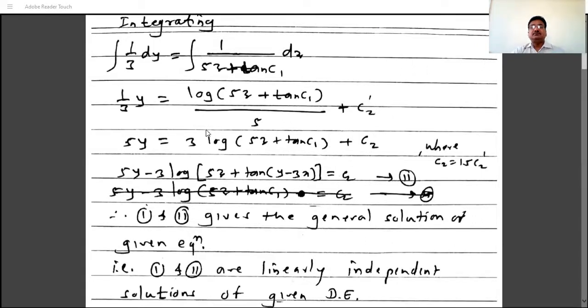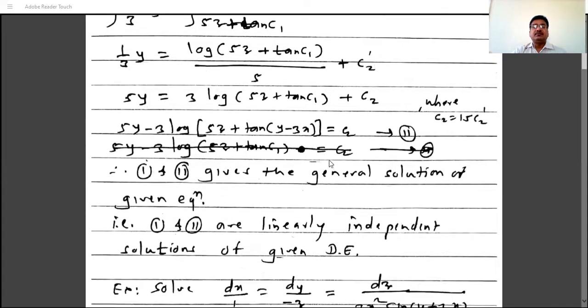And then multiply by 15. 3 5's are 15, so 5y equals 3 log(5z plus tan c1) plus 15 into c2 dash. Suppose 15 into c2 dash is c2, and therefore 5y minus 3 log(5z plus tan c1), shifting this quantity to the LHS, and then substituting c1 as y minus 3x, is equal to c2.